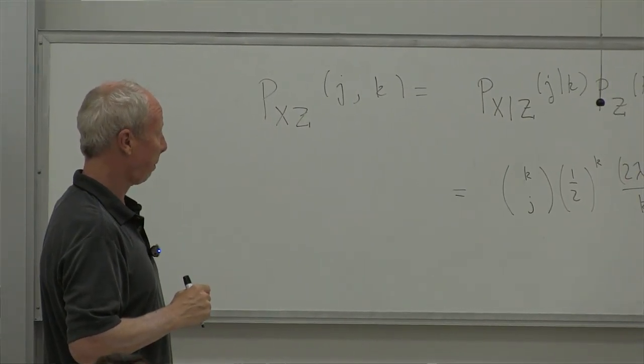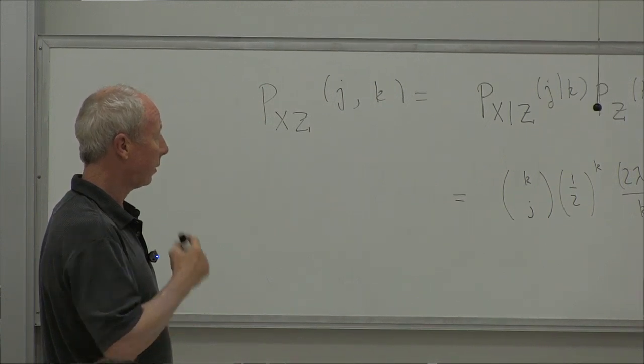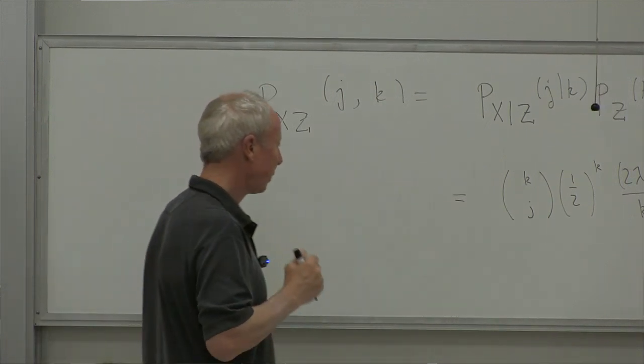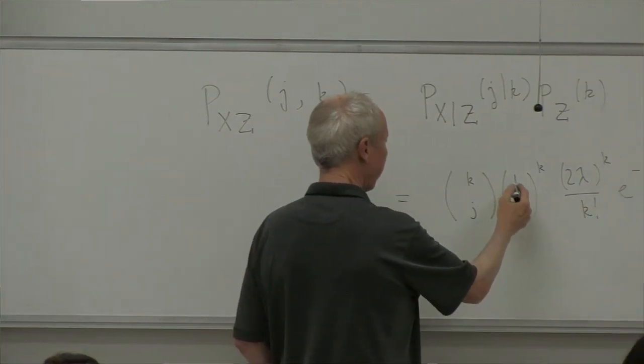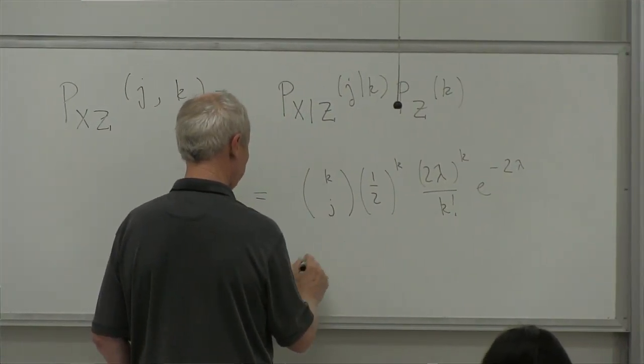And what do we get? Well, it looks like the (1/2)^k and the 2^k cancel.